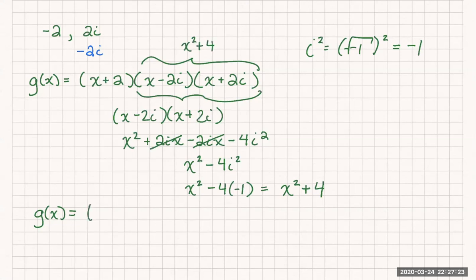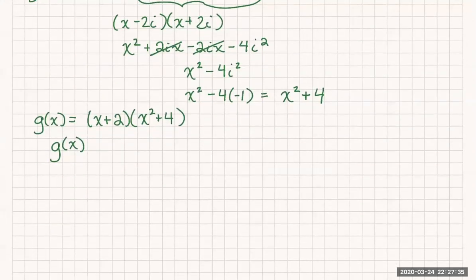Now, I'm not done. I still have to multiply through by x plus 2. Okay, and again, I can FOIL. So the first terms, x times x squared is x cubed. Outside is 4 times x, which is 4x.